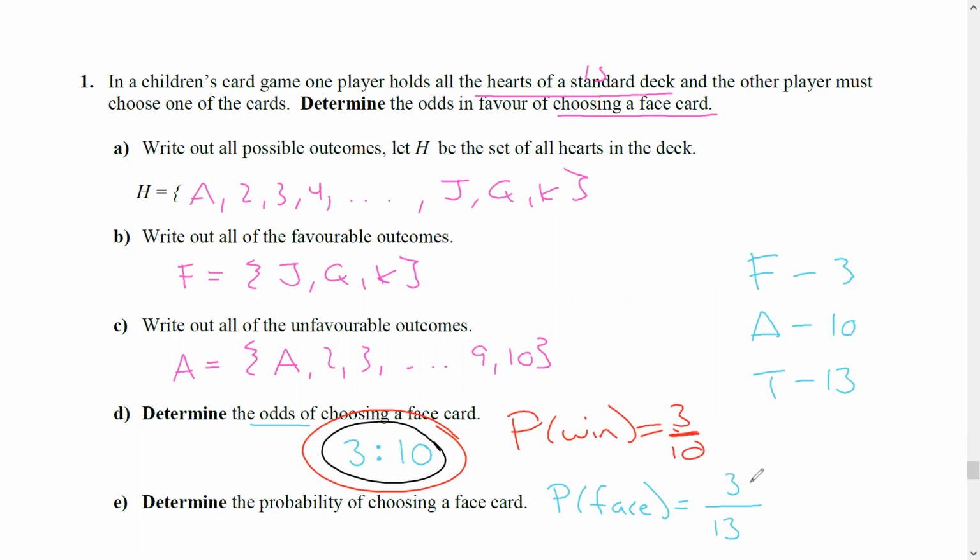When really we know the answer is 3 over 13. Well, if you compare these two, the wrong way to do it makes you think you have a better chance, a better probability of winning. I honestly think that's why companies use odds when they're promoting things instead of probability, because people honestly don't understand.